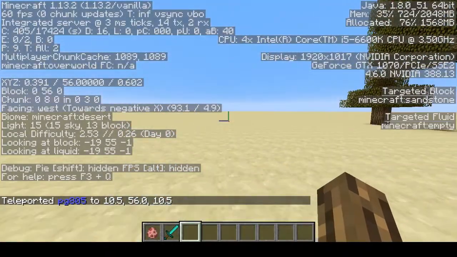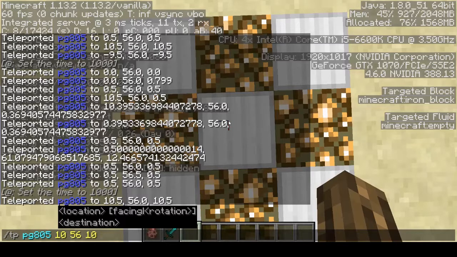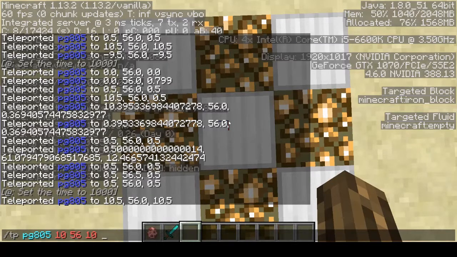But let's say I wanted to be facing north when I teleported instead. Well, I can just put in the Y rotation and then X rotation. That would put me facing north at the horizon. So remember north is going to be negative 180, or 180 if you prefer in the Y direction, or whatever other form you want to type in, because it does wrap around.